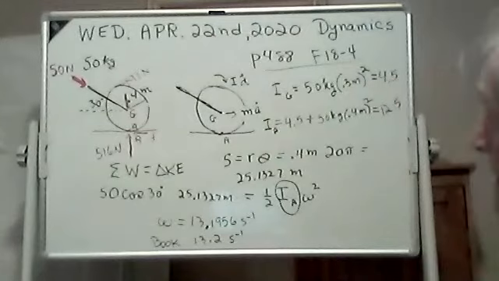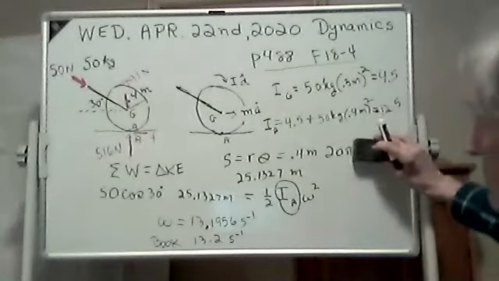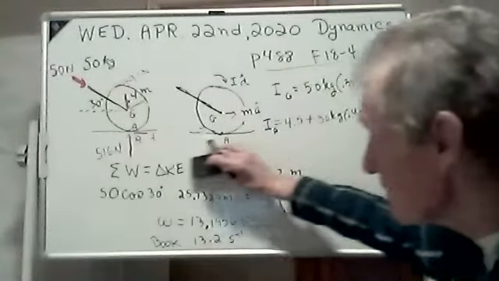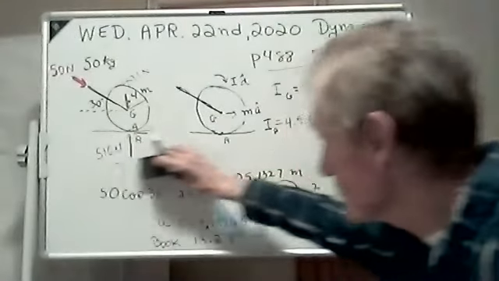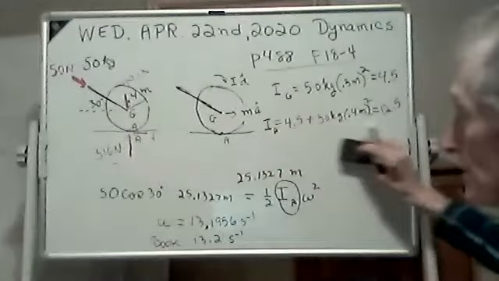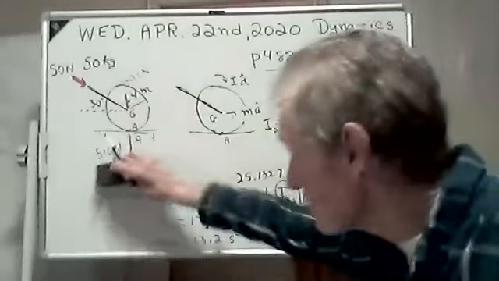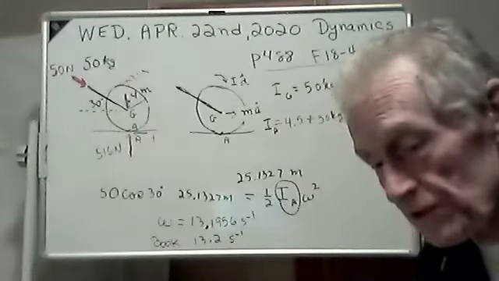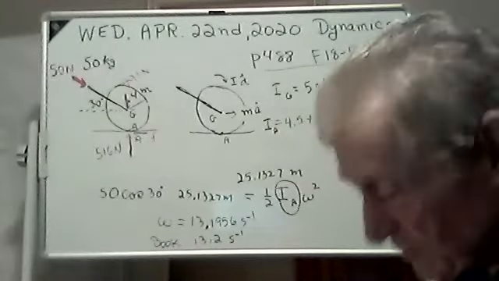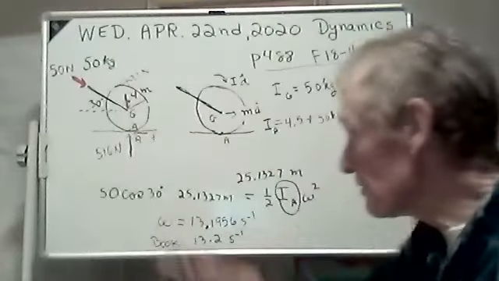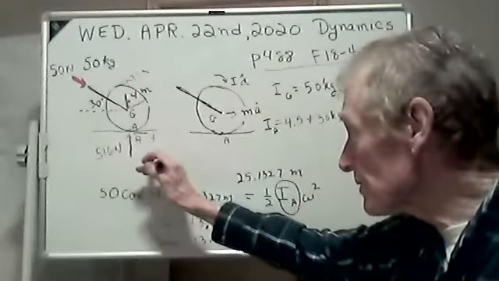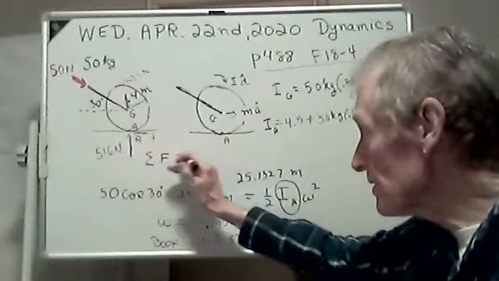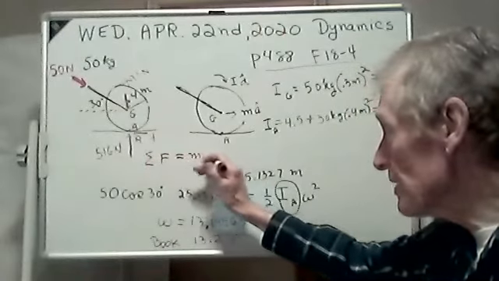I need some room. Why don't I just say goodbye to some of this stuff? There's a little room right there. We're going to solve for the friction, and then we'll finish up whatever else we're going to do. Now here's what we're going to do. We're going to write this equation here, and you all know the name of it.